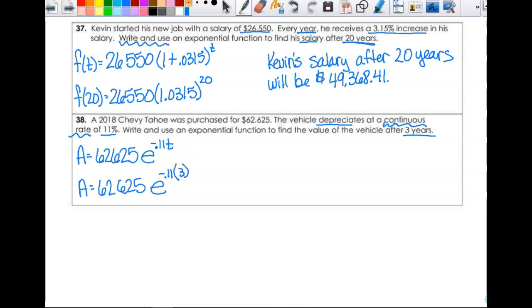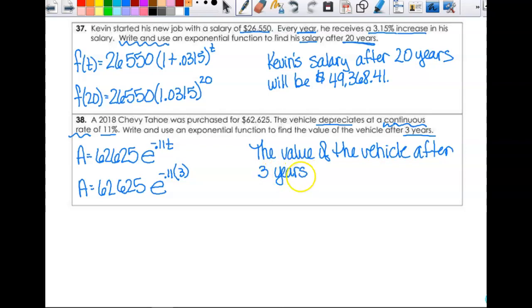Put that into your calculator correctly. Then we can say the value of the vehicle after 3 years will be $45,022.60.